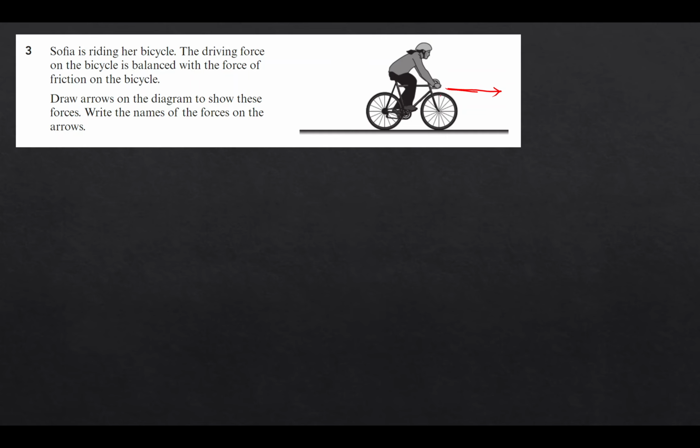This force is the driving force, so let's write down driving force. Then there is also one more force which acts in the opposite direction. That force is the frictional force. Let's write down frictional force here.